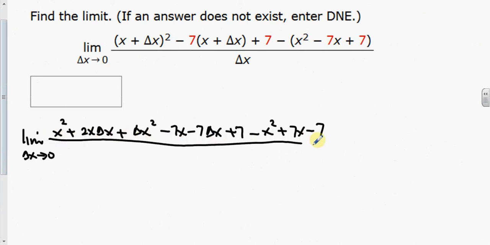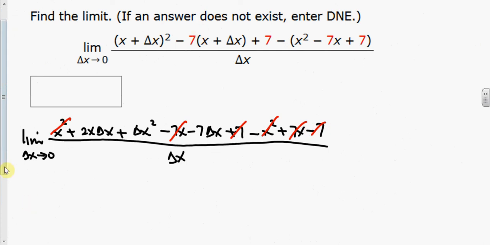This is all over delta x. Now some things to cancel. What's going to cancel is everything that doesn't have a delta x in it for right now. So x squared minus x squared cancels. Minus 7x plus 7x cancels, and 7 minus 7 cancels.